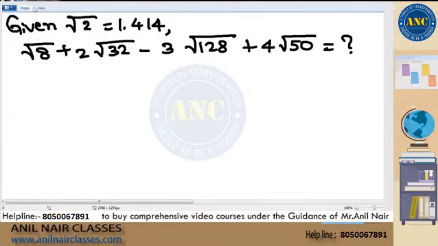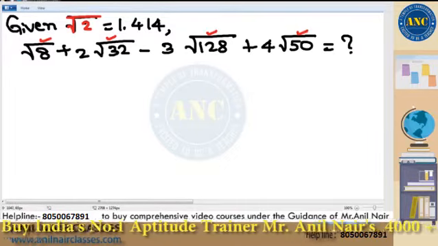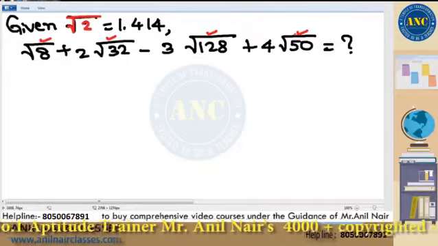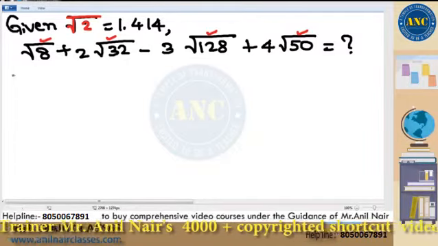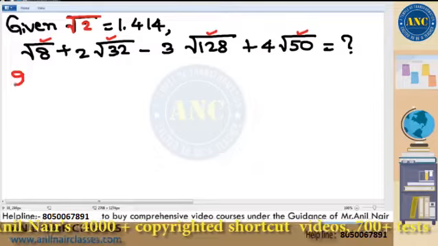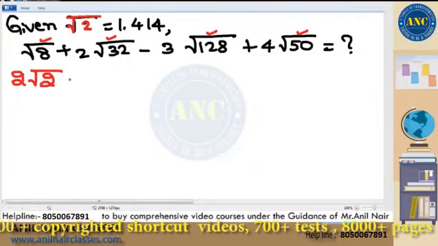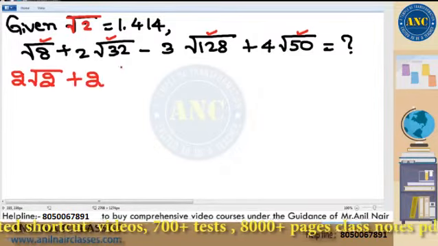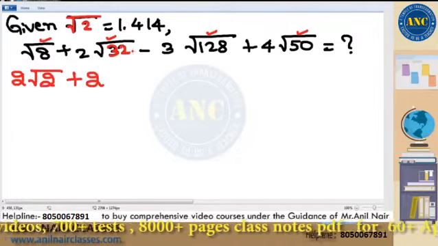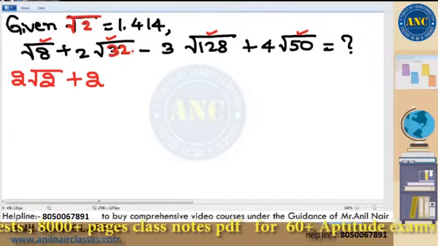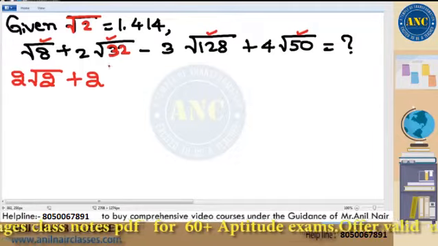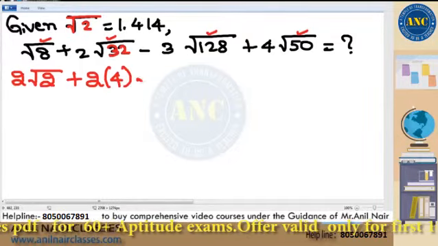Now very easy question. Why? Because root 2 value is given in the question, so every number can be expressed in terms of root 2. Root 8 is root of 4 into 2, root 4 is 2, remaining is root 2. 2 times root 32 is root of 16 into 2, square root of 16 is 4, so 2 into 4 root 2.